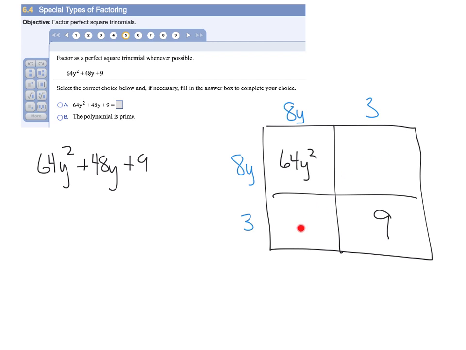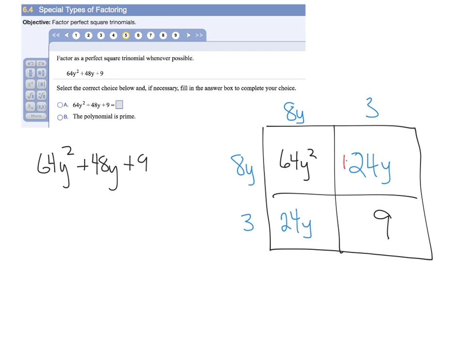So filling in our internal terms gives us, let's see, 24y and 24y. And then when we're looking at this, we want these to combine to equal positive 48y.